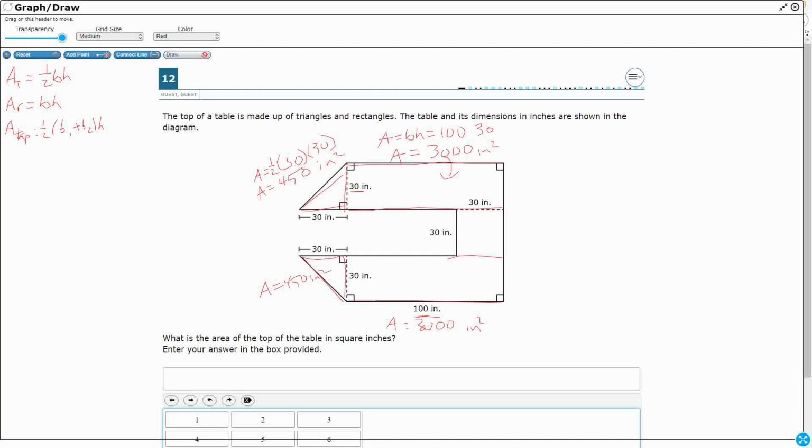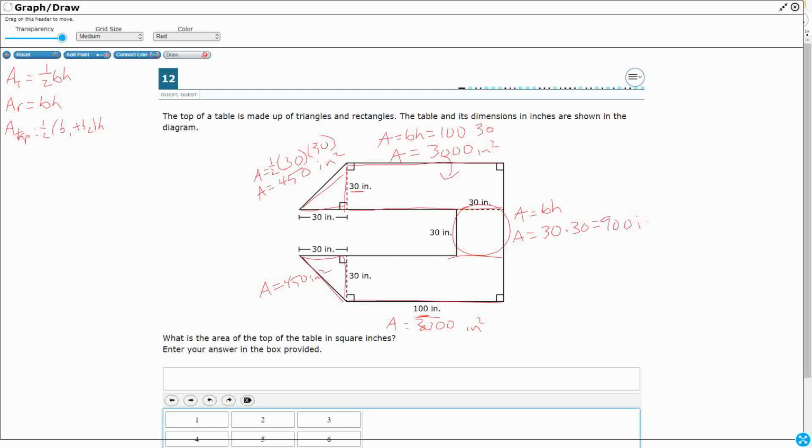Which means we're simply left with this little guy right here, and they give it to you as a 30 by 30. So that's going to equal base times height, so 30 times 30, which equals 900.